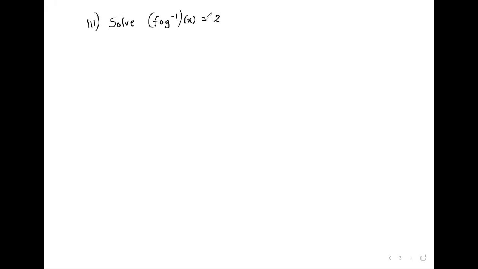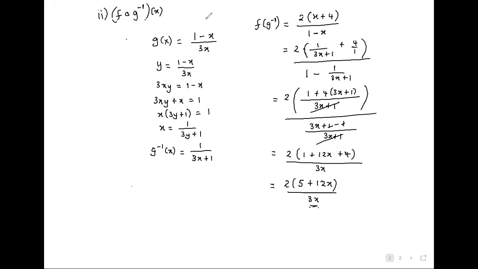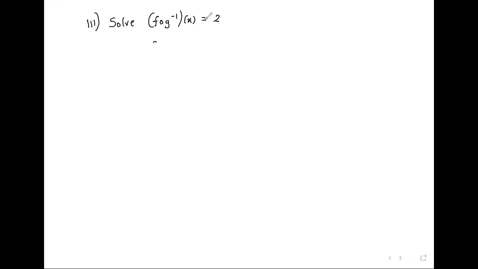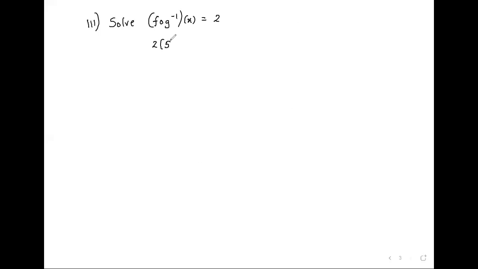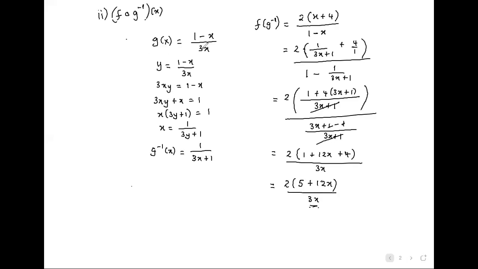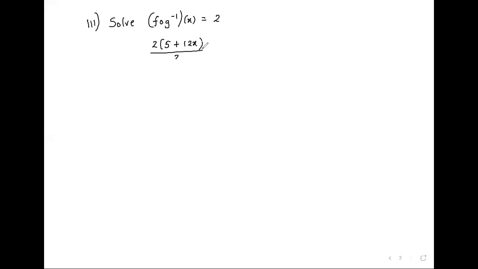We go back to f of g inverse, get it the way it is, and equate it to 2. So we have 2 times (5 + 12x) over 3x is equal to 2.